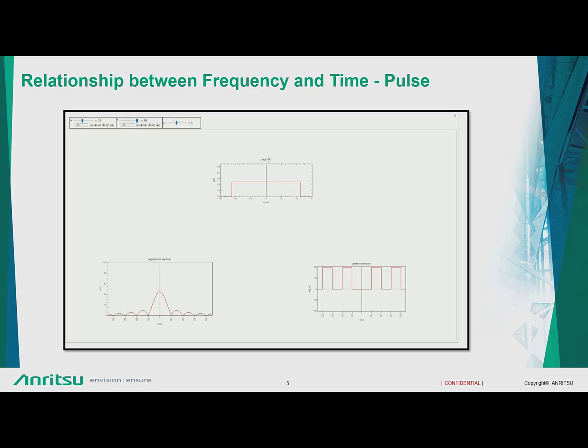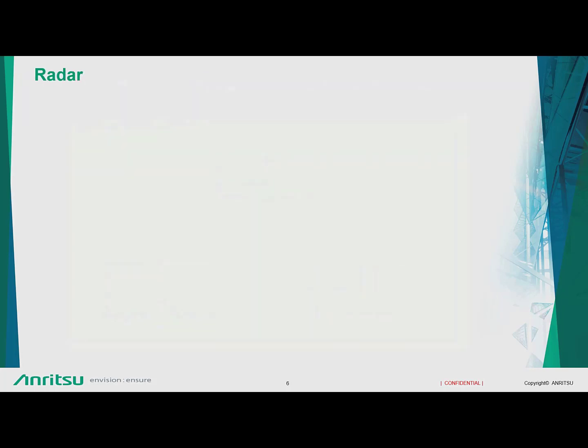As far as the measurement is concerned, these things should be kept in mind, because this plays a very important role when you're trying to characterize a particular pulse. To shorten the basic point: the shorter the pulse width, the higher the spectrum content, and the wider the pulse width, the lesser the spectrum content.